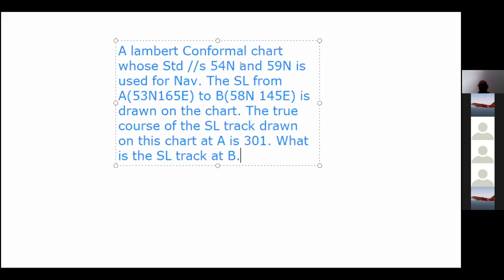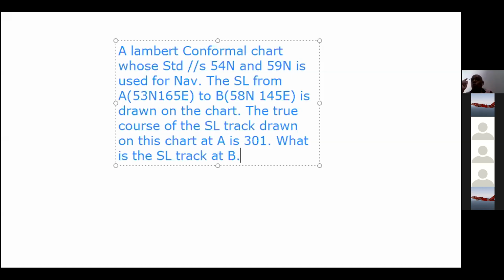You understood? Yes, sir. Anyone who didn't understand this, because it's a simple thing, it's a basic, we must know this. Okay, what we did was, first of all, to understand the question. The question says that from A to B, you draw a line. And the initial track is 301, which means it's on a westerly heading. They say at A it is 301, how much is it at B? That means it starts with 301, how much will it end at?